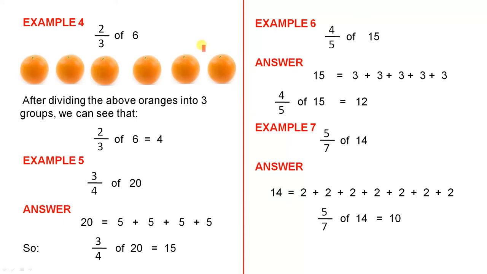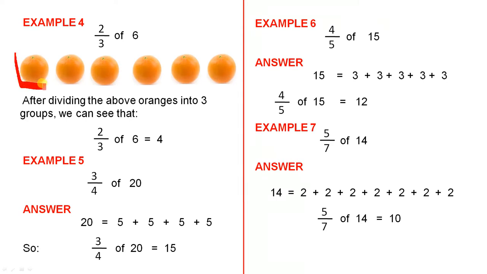Example 4, 2/3 of 6. After dividing the above oranges into 3 groups, we can see that 2/3 of 6 equals 4. Okay, the 3 tells us that we have to have 3 groups.